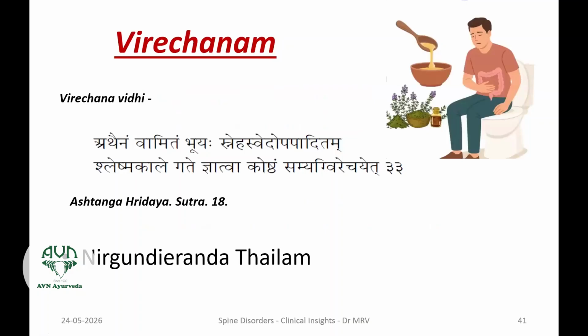Then in certain cases of cervical spondylosis, some people do Vamana, but I have never done Vamana. I usually use Shamana Chikitsa, and with physiotherapy and other things, cervical spondylosis can be managed.